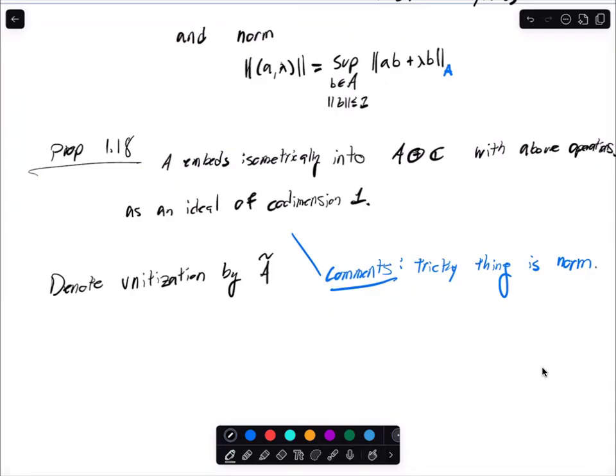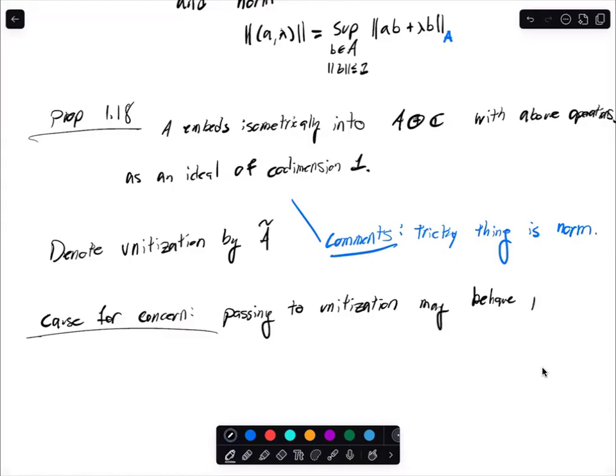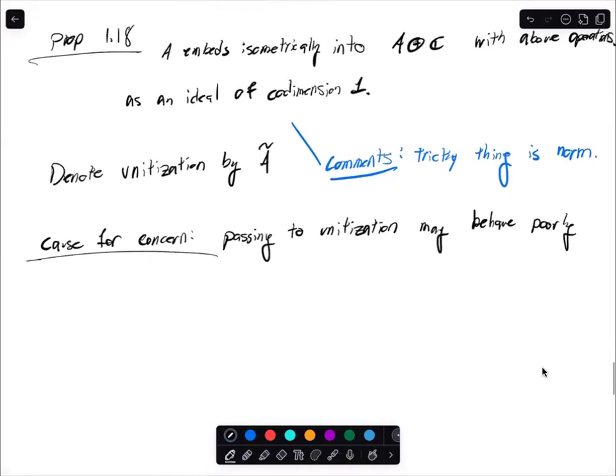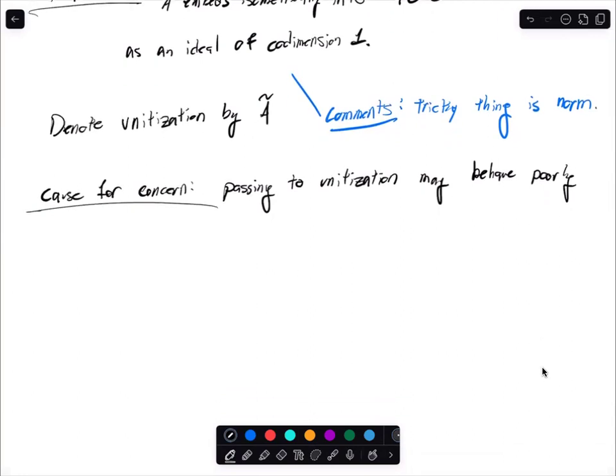One other cause for concern is that if we pass to the unitization, maybe it behaves badly with star homomorphisms. If you start with a non-unital C-star algebra and consider its unitization, is there a nice way for us to extend the star homomorphism that we had from A to B to A tilde?